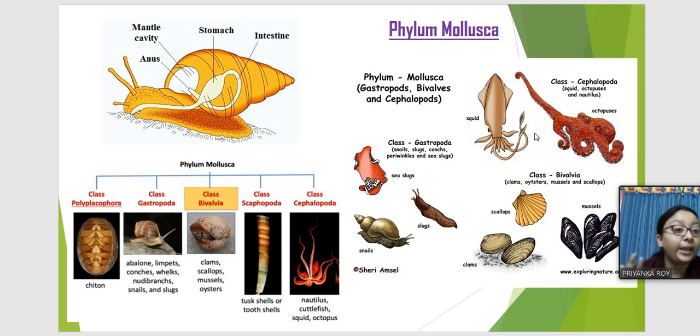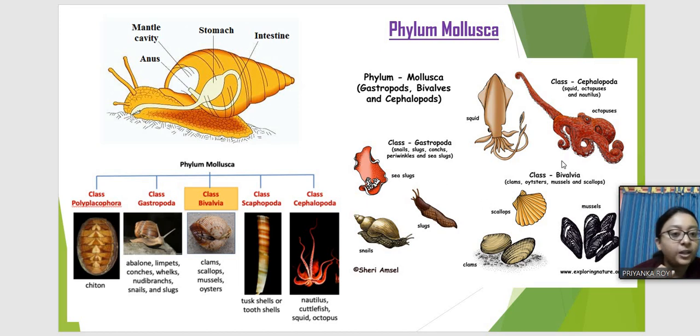So therefore the brain above the foot, like octopus and squids, these fall under class Cephalopoda. And this is the general structure of how a snail looks from inside. So the mouth starts from here, it goes like this, the stomach is there, then the intestine, and the anus is also coming out like this. So this is a normal common snail falling under Gastropoda.